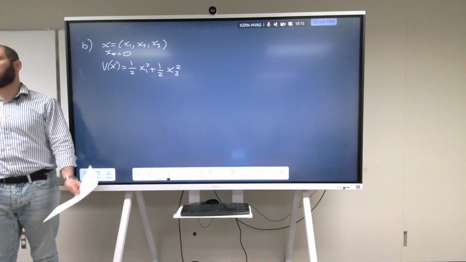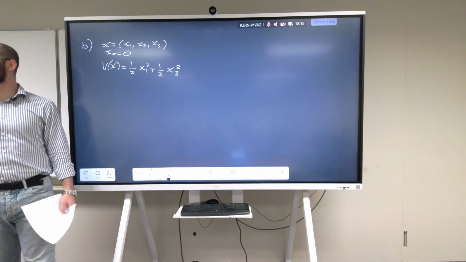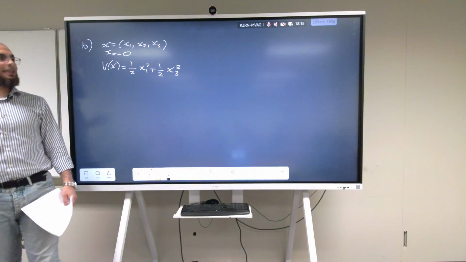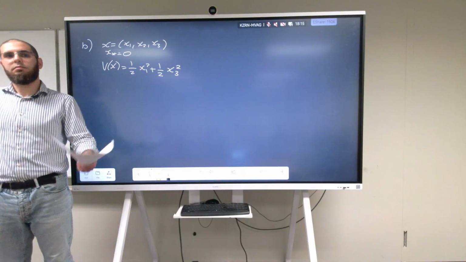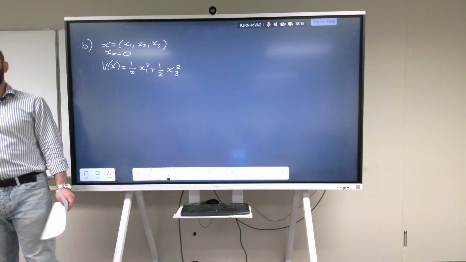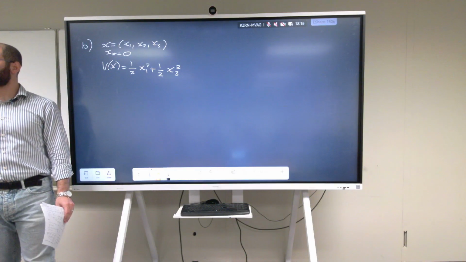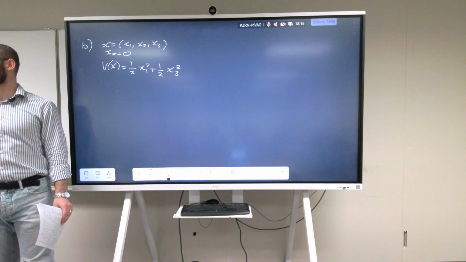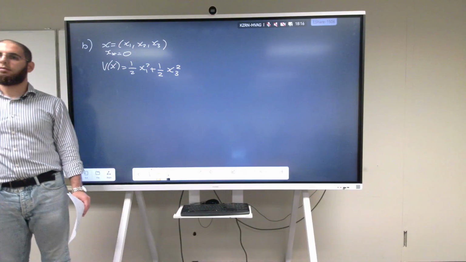Who said this is positive definite? Go back to the intuitive definition where you say that it's 0 at x star and positive everywhere else. Is that the case? It is, but it's also 0 at every x2 with x1 and x3 equal to 0.